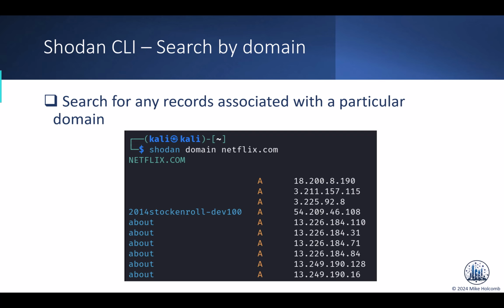So here you can see it finds 2014 stock and roll dev 100.netflix.com, about.netflix.com, and then multiple IP addresses for those hosts. And you can remember that list that just scrolled on and on and on that we had when we ran it in Kali Linux. So you can run that to find hosts, kind of like when we were using DNS Dumpster, right, in one of the previous parts of the course.